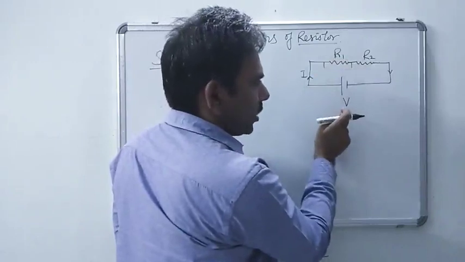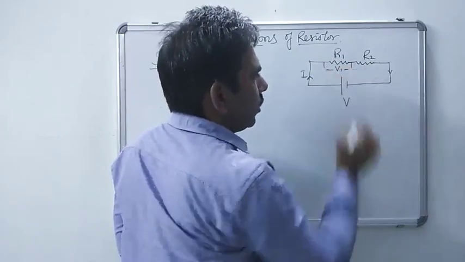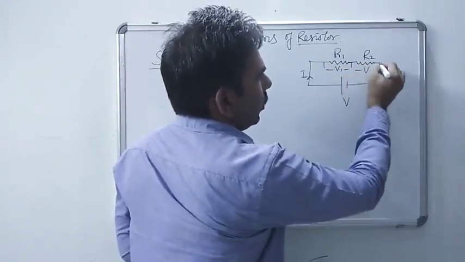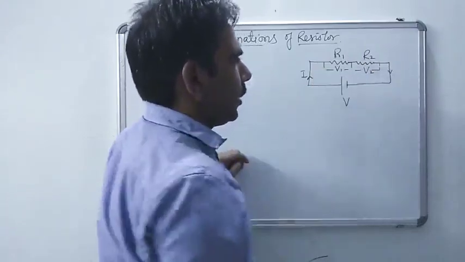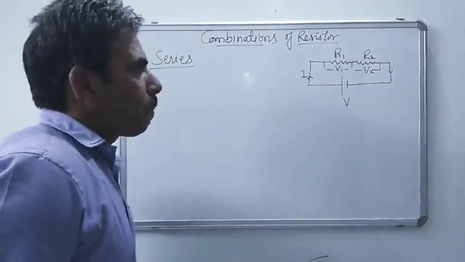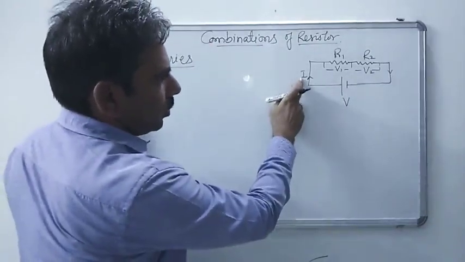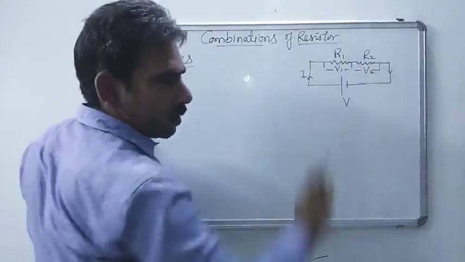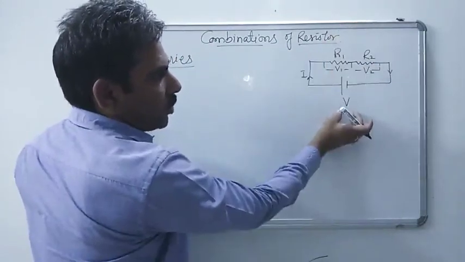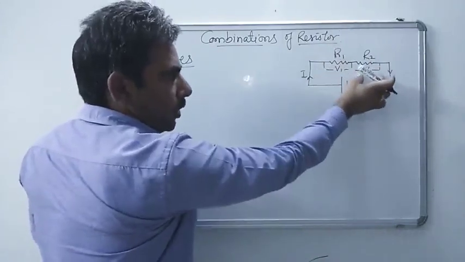Suppose that out of this given potential of the source, R1 will draw some potential V1 and R2 will draw some potential V2, because the two resistors are connected at different points of the circuit. So we see from the diagram that in order to allow this much amount of current through the resistors R1, R2, these two resistors draw some potential from the source. R1 takes V1 potential and R2 takes the remaining potential, which is V2.